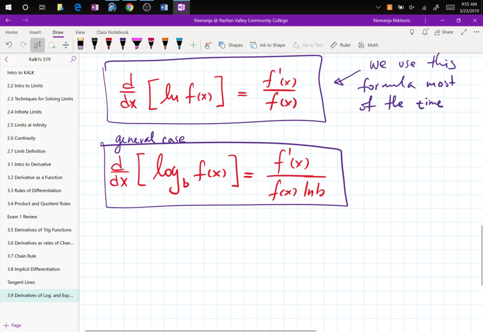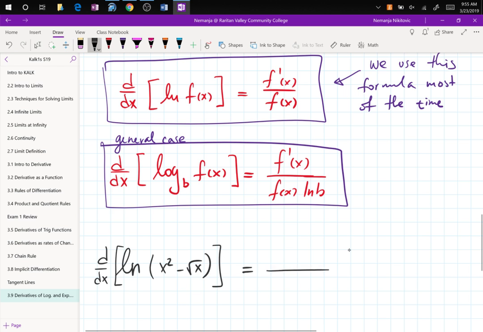So now, let's go with the example, the derivative of, let's first do the most important formula. What's the derivative of, let's say, x squared minus square root of x?